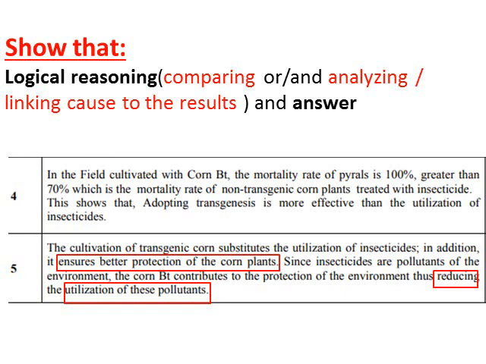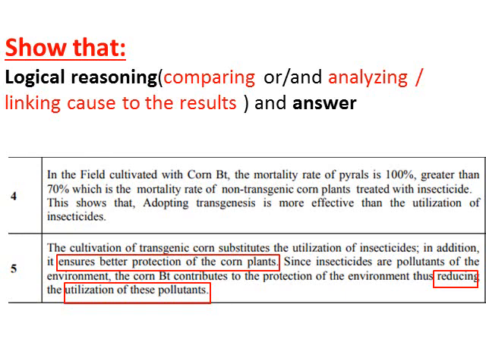So the answer is the following. We've noticed that the mortality rate of pyrales is 100% in transgenic Bt corn plants, greater than the 70% in the non-transgenic corn plant treated with insecticide. 100 is greater than 70, so this shows that transgenesis is more effective than using insecticide.